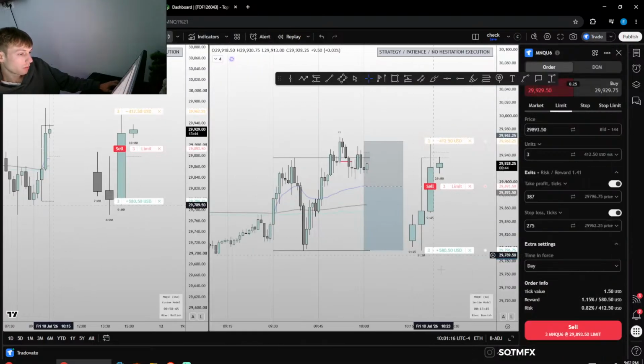Price still must close below the New York VWAP for me to even think about sells.